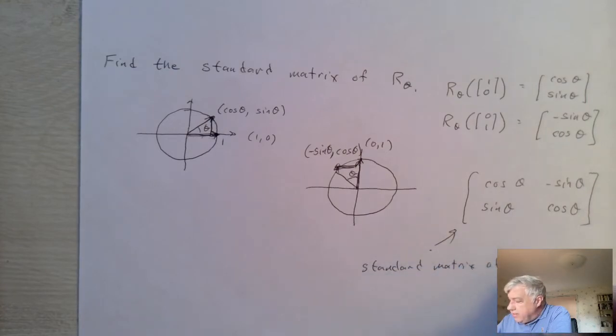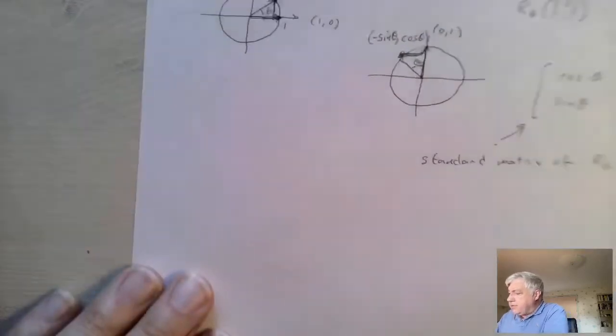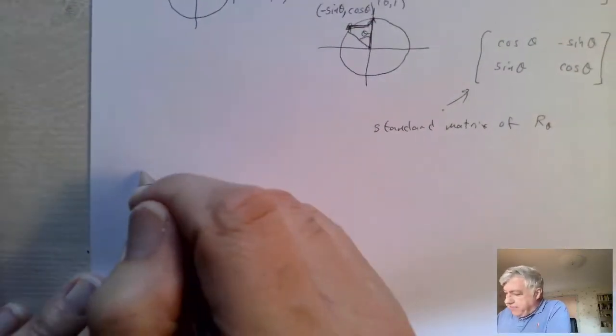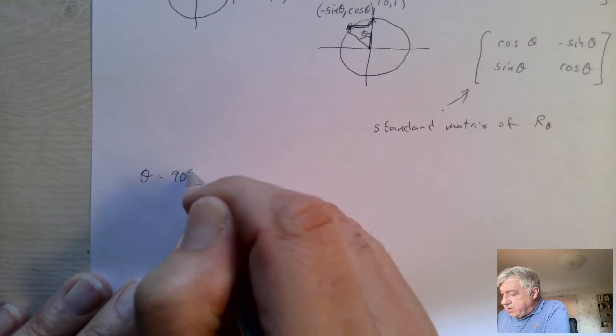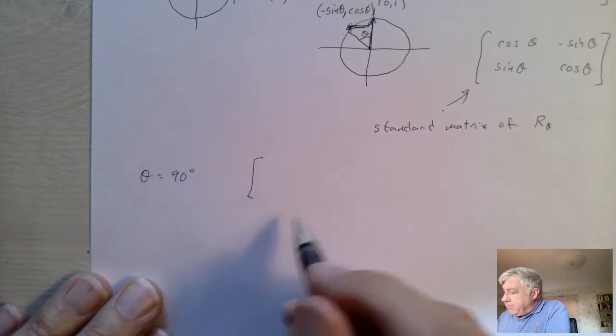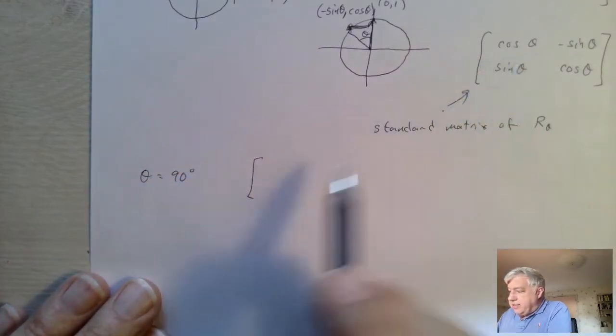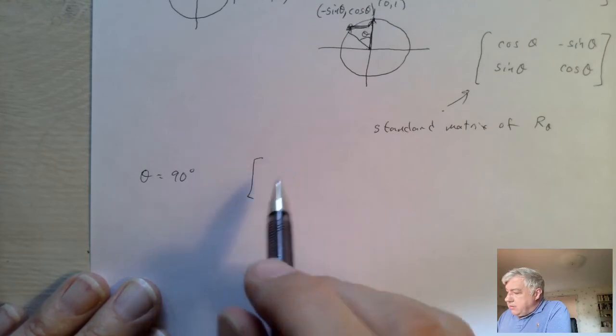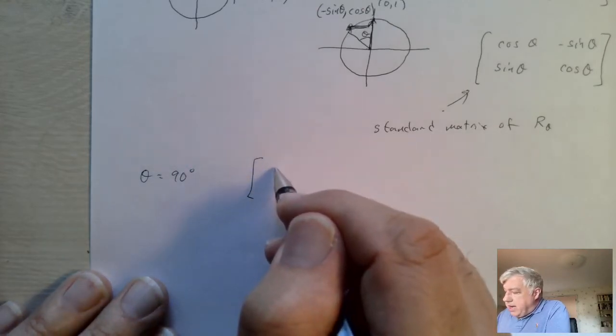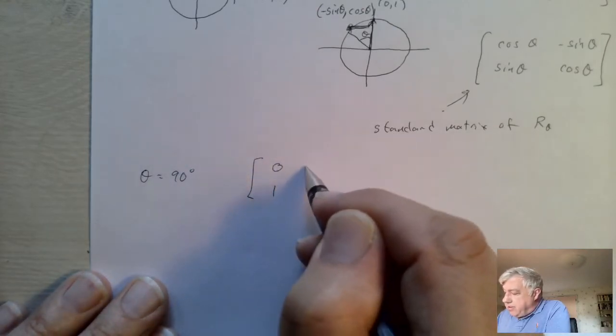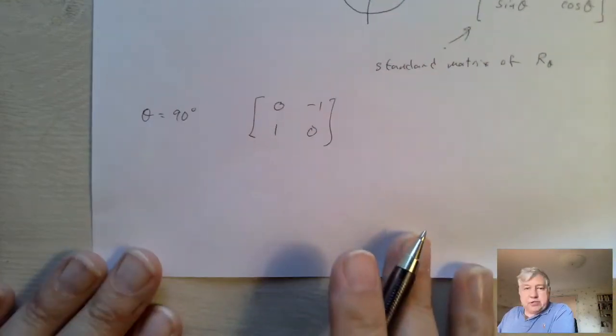Of r theta. And so, for example, if theta is equal to 90 degrees, your cosine of 90 degrees is 0, sine is 1, so this is 0, 1, negative 1, 0, which we actually saw before.